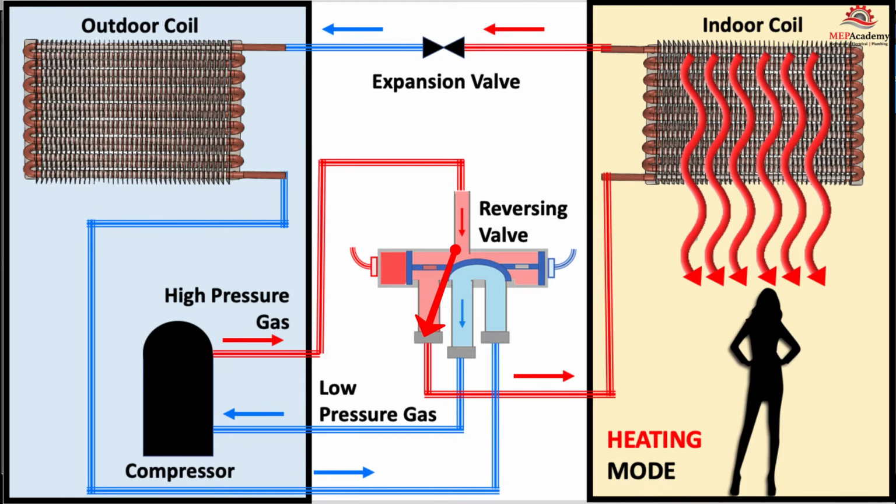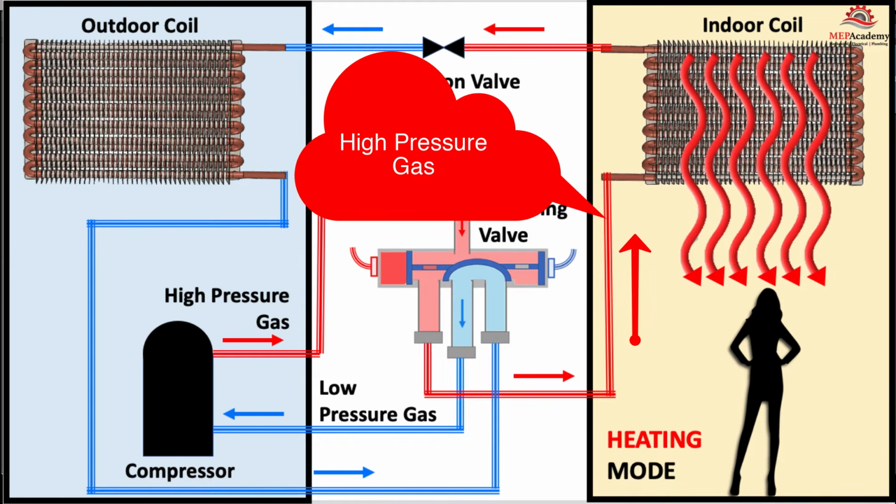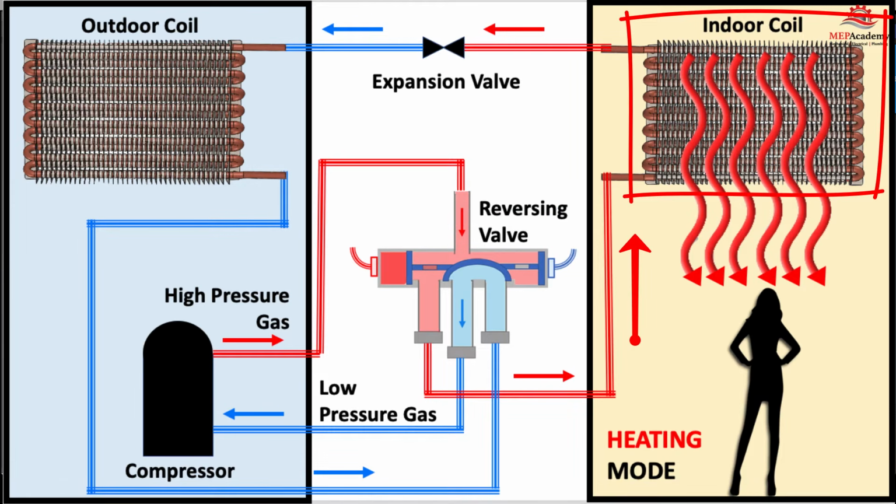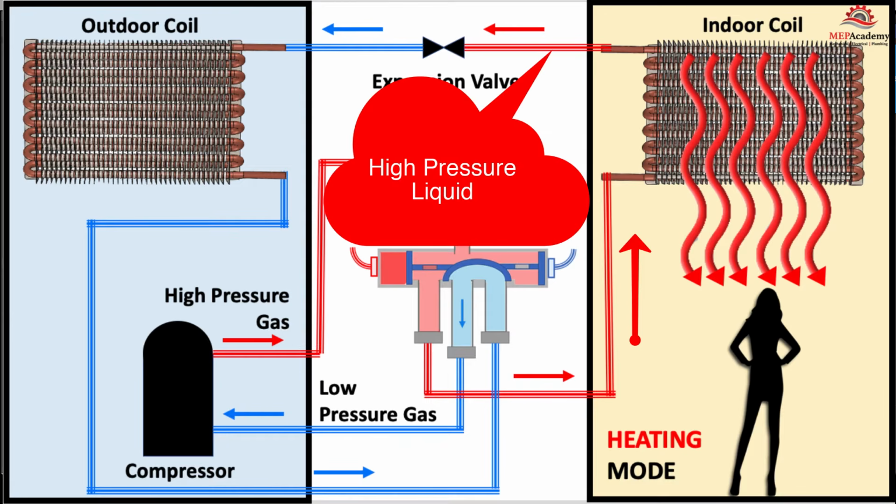This high pressure, high temperature gas enters the indoor coil, where cooler air from the space passes over the indoor coil, absorbing some of the heat from the refrigerant, thereby heating the room while causing the refrigerant gas to give up its heat and condense into a high pressure liquid.